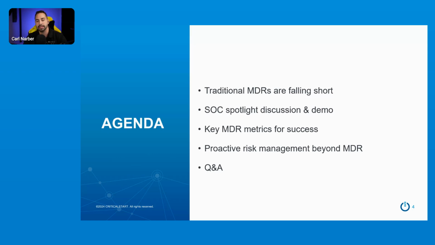So really wrapping in holistically what Terrence and I discussed, again, where those MDRs are falling short. And lastly, we're going to be talking more on proactive risk management, which goes beyond that MDR capability and really builds out holistically what it looks like in a perfect world, what an MDR should be giving you, should be telling you.